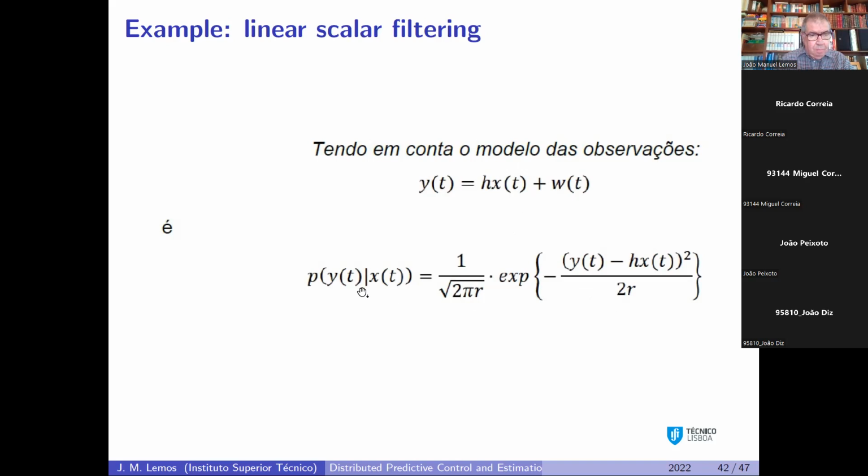So P of y given x is a Gaussian density with mean h x, because you are summing a constant to the white noise, and the covariance is the covariance of that.